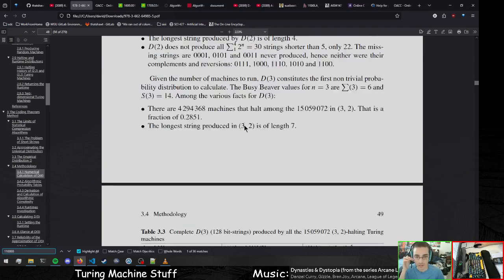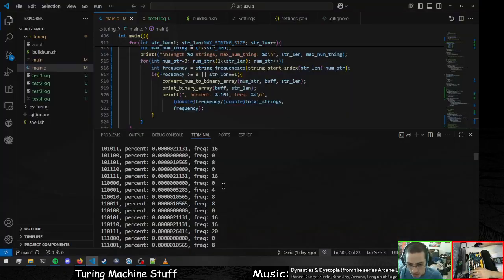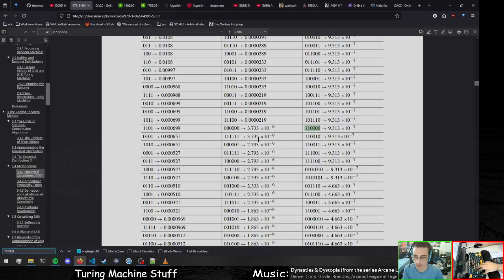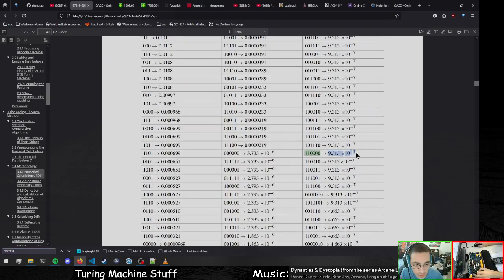Okay, this is in D3. Oh, whoa. Damn, I think we did. So this is actually in D3, and it's not 0, but it is a very small number.